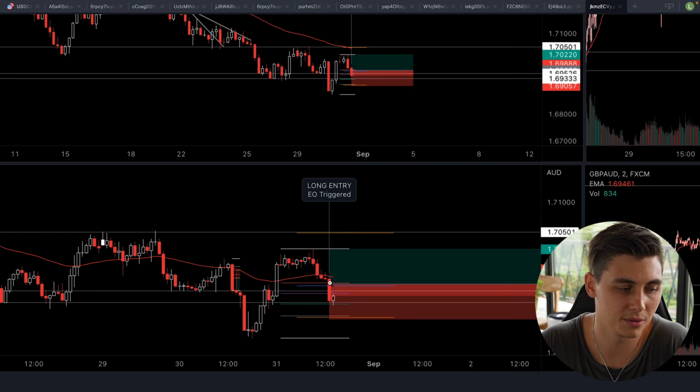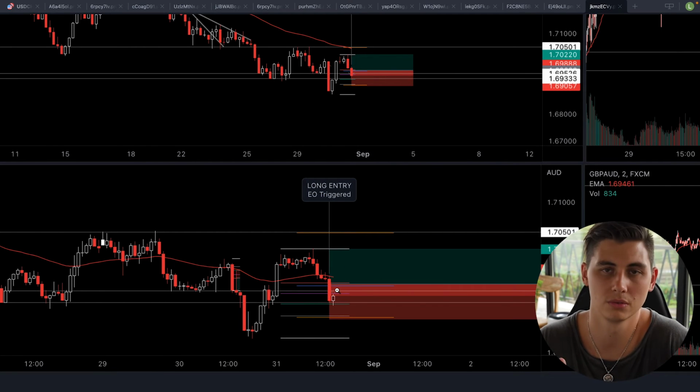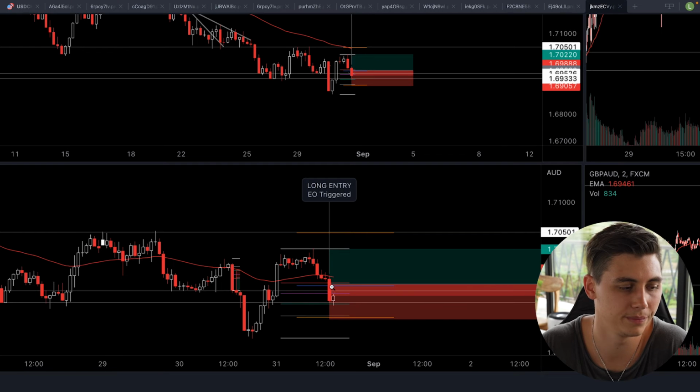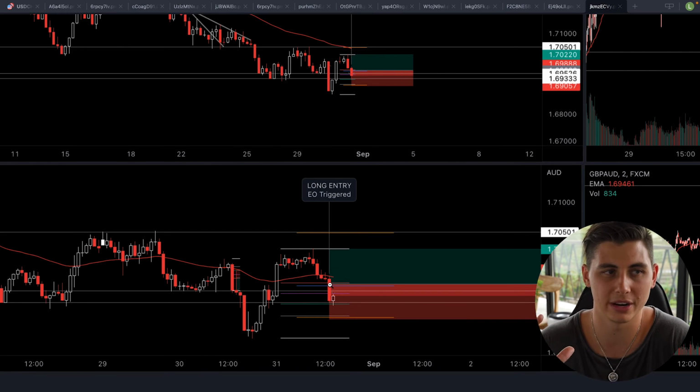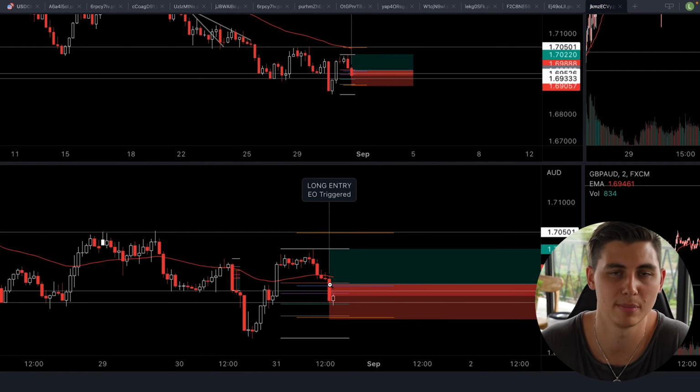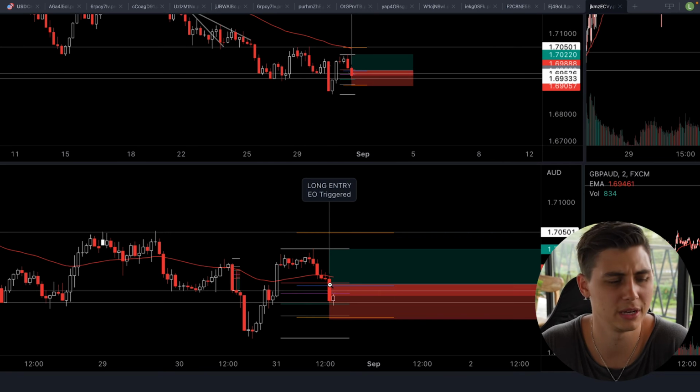And then you play around with your entry until it becomes 1-to-1, it tells you 1-to-1. And then that is going to be where your minimum or maximum entry price can actually be, right?